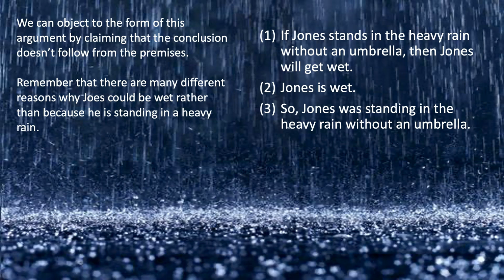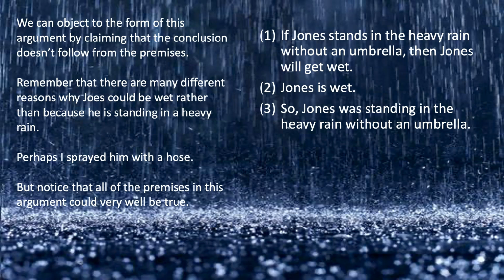Remember that there are many different reasons why Jones can be wet rather than just because he's standing in a heavy rain. Maybe I sprayed him with a hose and that's why he's wet. But notice that all of the premises in this argument could very well be true. It's the form of the argument that causes the problem here. It's an invalid form, so the conclusion doesn't follow from the premises.